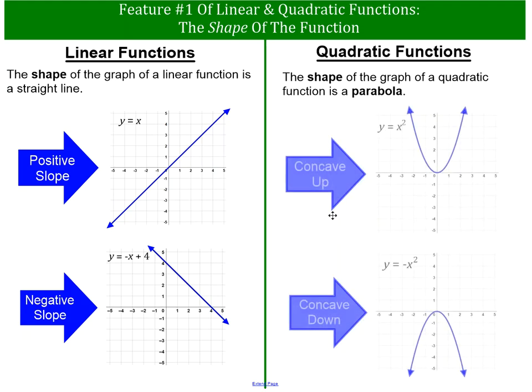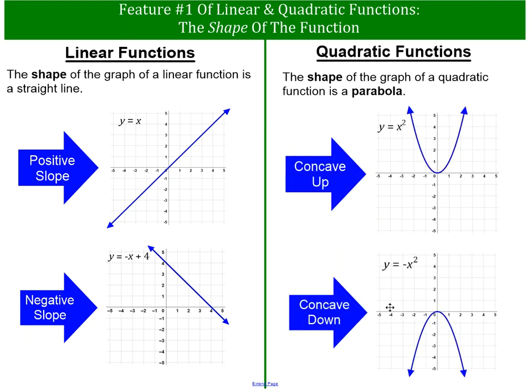Quadratic functions are either concave up or concave down. They're defined by a parabola. As the independent variable increases, the dependent variable first either decreases and then increases, or increases and then decreases. That's the shape of these functions: always increasing, always decreasing, decreasing and then increasing, or increasing and then decreasing.